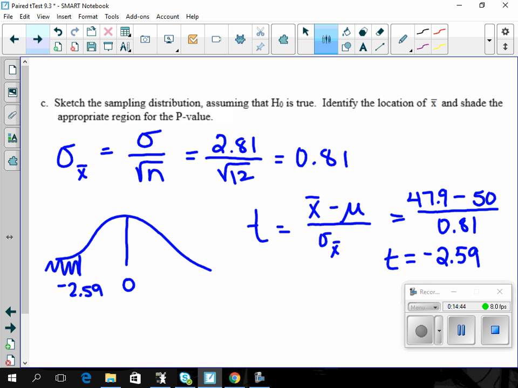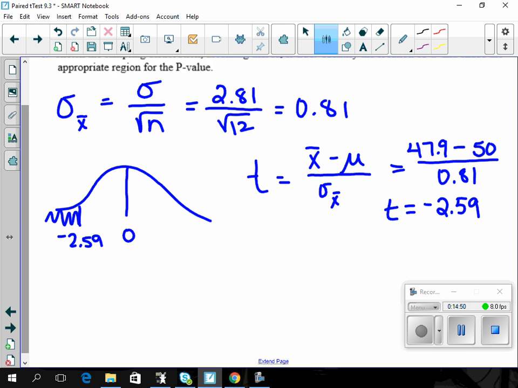Well, this is the standardization, the standard graph. We could do the exact same one by putting 50 here, 47.9, and shade to the left as well. Either one is okay. All right, and so this is our p-value region. The likelihood that our sample happened, assuming that the mean number of minutes music's played is 50 per hour.